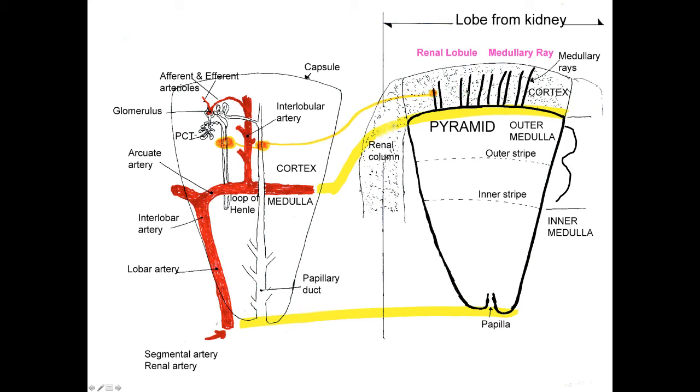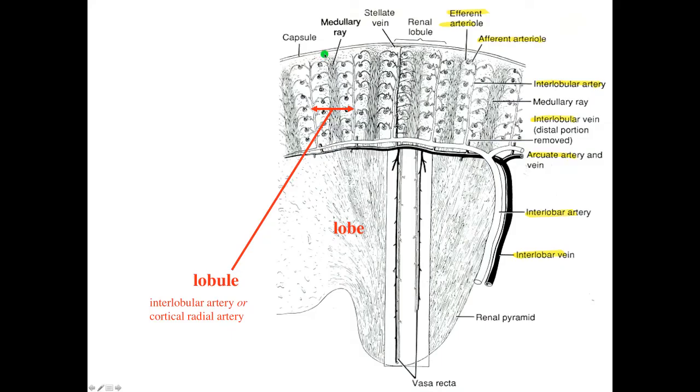And we can think about the medullary rays as being at the axis of a renal lobule. So here we show the medullary ray at the axis, and the boundaries of a renal lobule could be defined by these interlobular or cortical radial arteries.